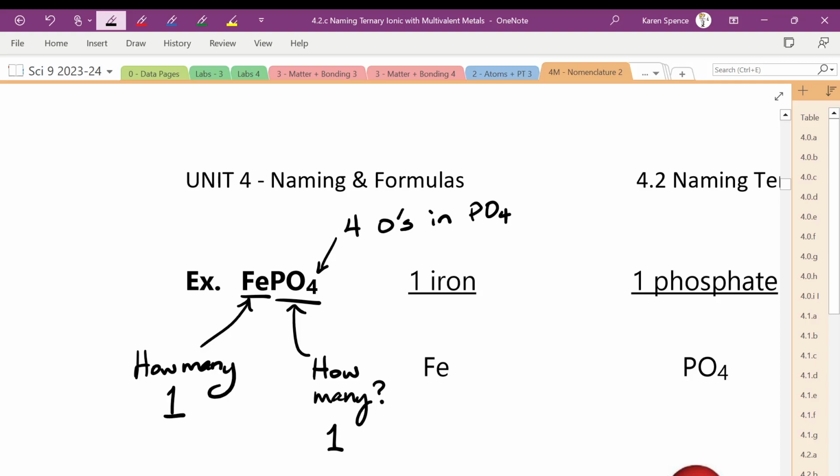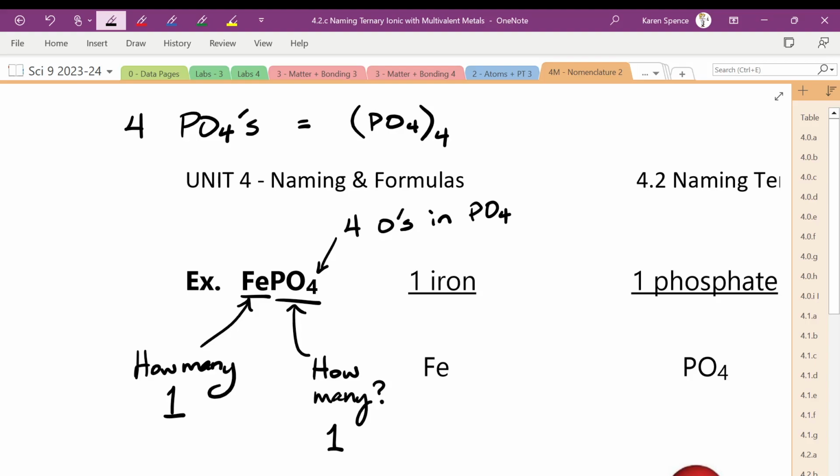If we wanted to say 4 phosphates, 4 PO4s, we would have to say (PO4)4. Because remember, whenever you're looking for the number of a polyatomic ion, you always look outside the brackets.